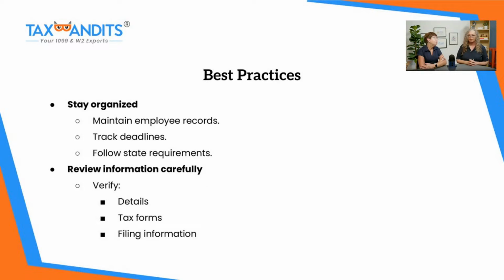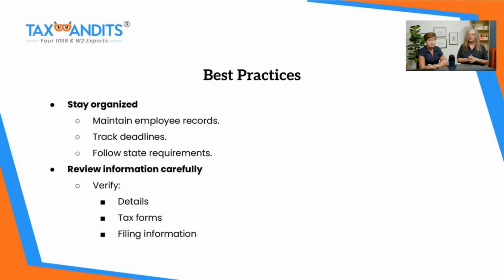What's a good way to stay organized? Maintain your employee records, track your deadlines, and follow up with state requirements. State requirements typically change every year, so make sure you're checking on those and that no deadlines changed. Review information carefully.